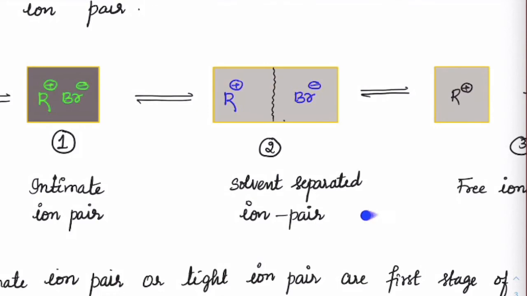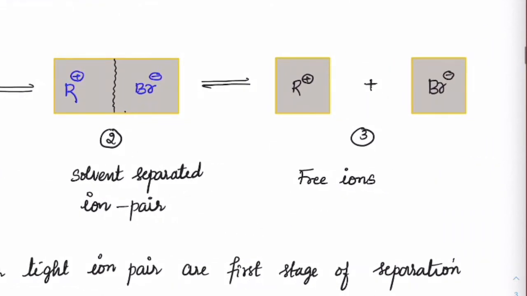Okay. After that, as you keep it for longer time, you can see stage wise how RBr behaves. Now R plus will get completely separated because more water molecules or solvent particles surround it. And the same happens with the Br minus, so they become completely independent free ions. Got it?